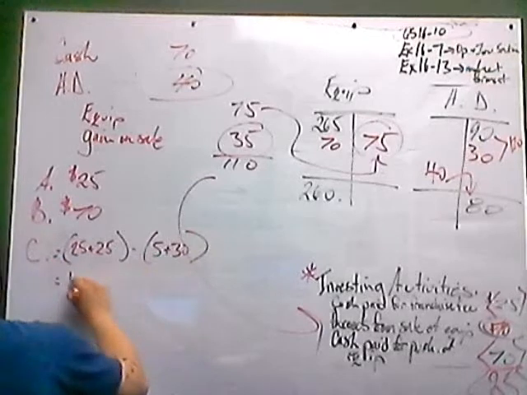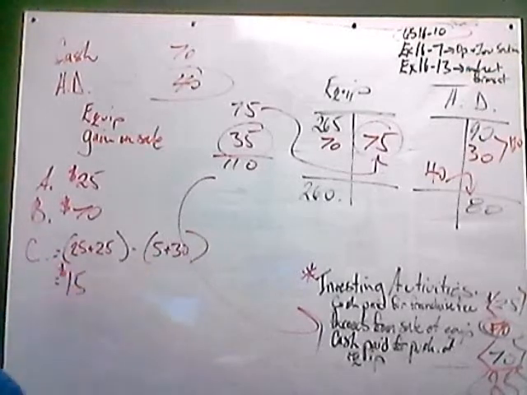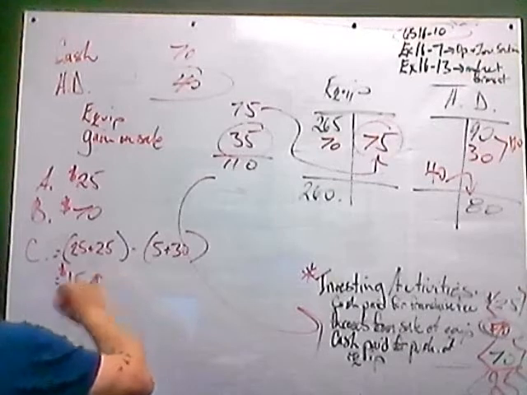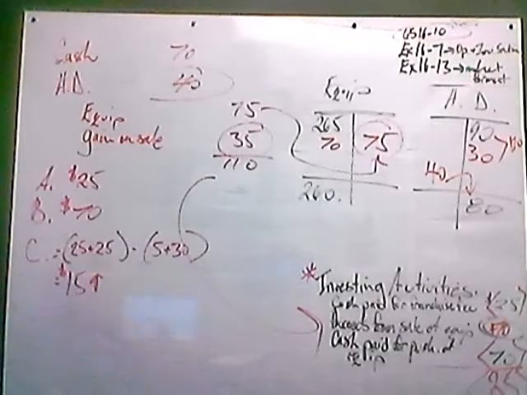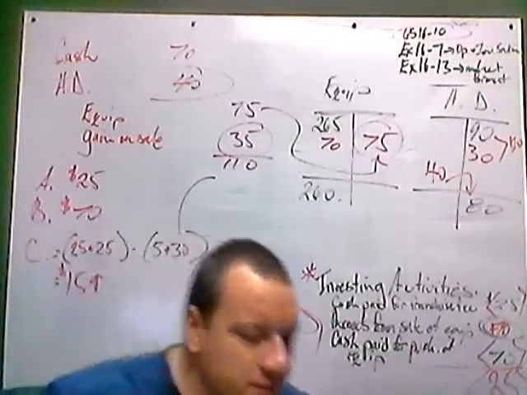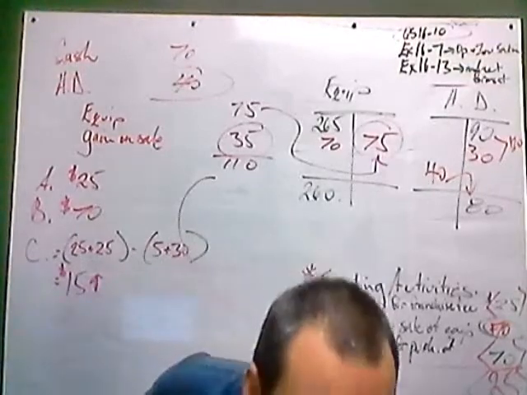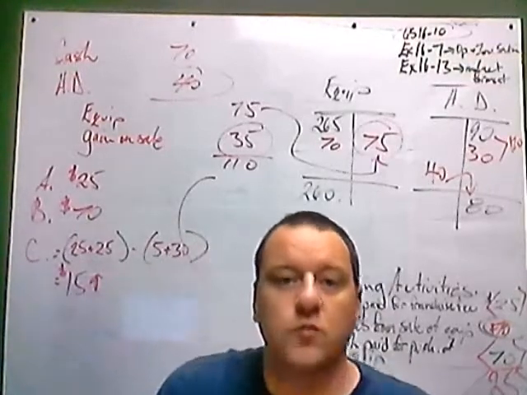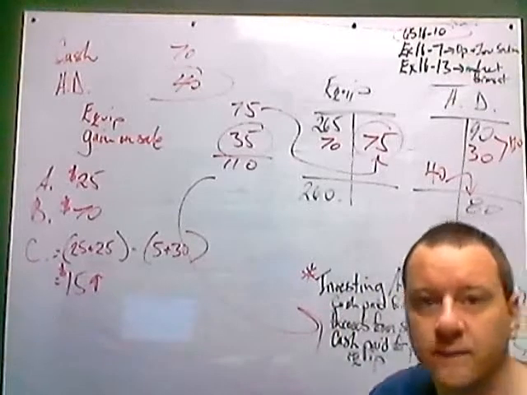So 50 minus 35 is a $15 change. So we have a $15 increase. Again, that's a quick review of the investing section. We have time. We're going to do more and more of these questions every day.